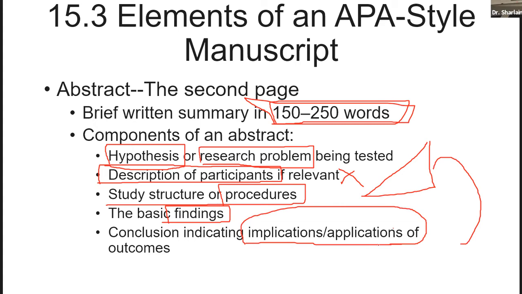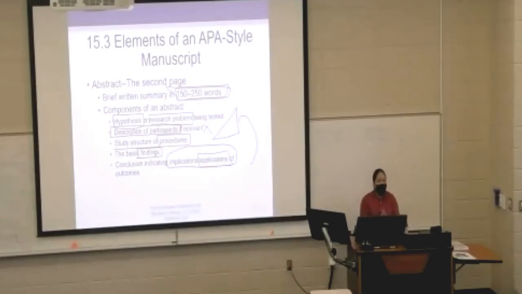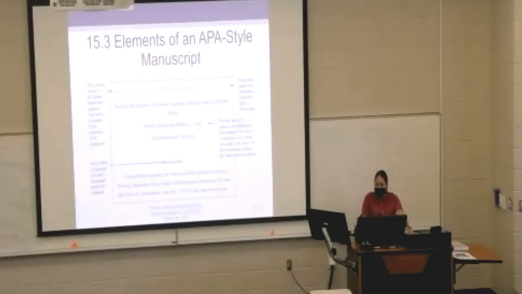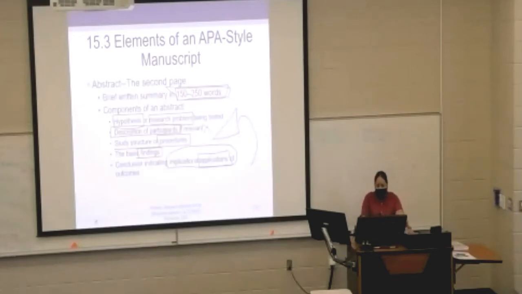What are the applications of your study? Why is it relevant? A lot of people like to throw in there the social impact, right? So a lot of people like to include that statement in their abstract, although there are certain publications that include that social impact statement on their title page, but you can also throw that in during the abstract, okay? So why is your study important?